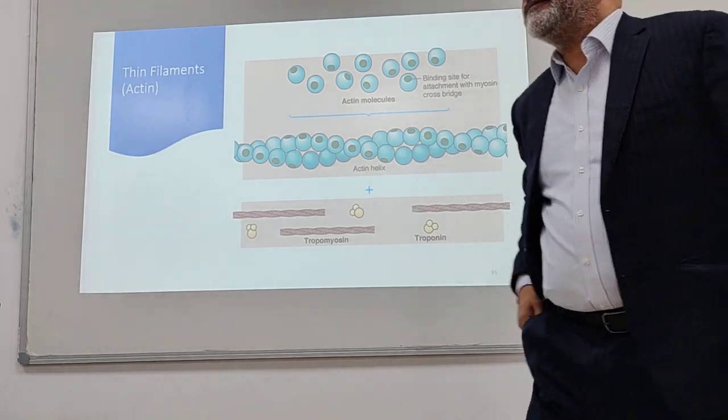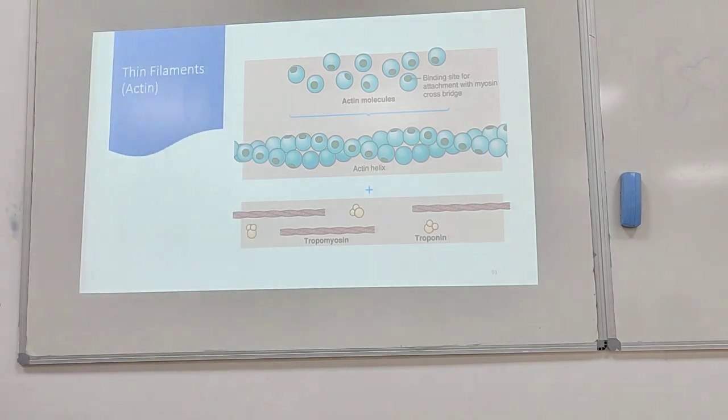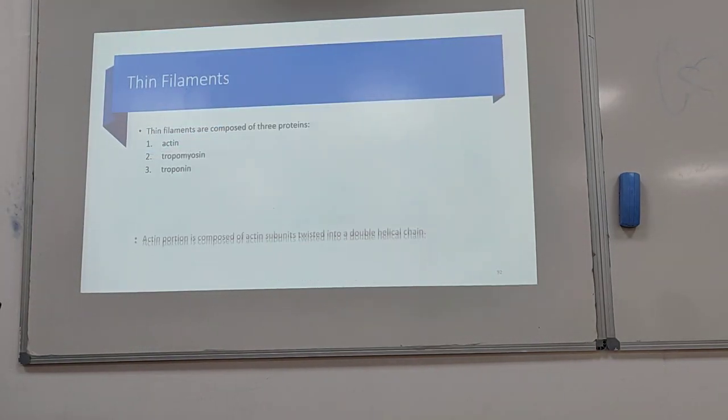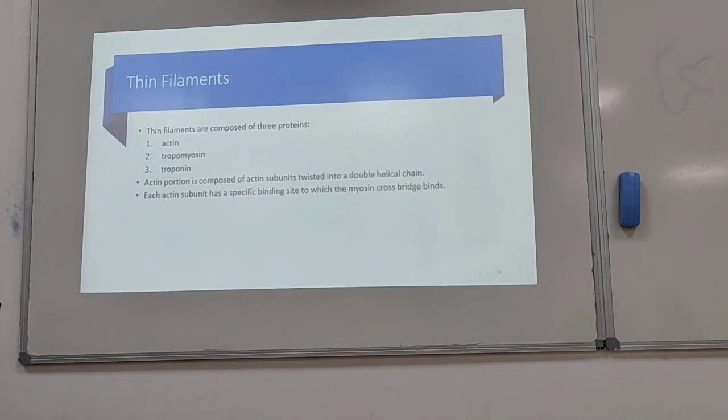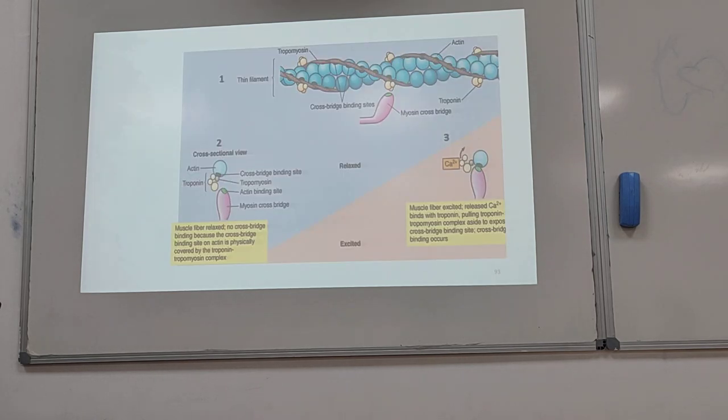Now we have discussed all the topics. Maybe the next 10 slides, we are now slowly passing through preparation of MCQs. Step number 1: the active site of actin is covered. Myosin is waiting. It cannot do anything.